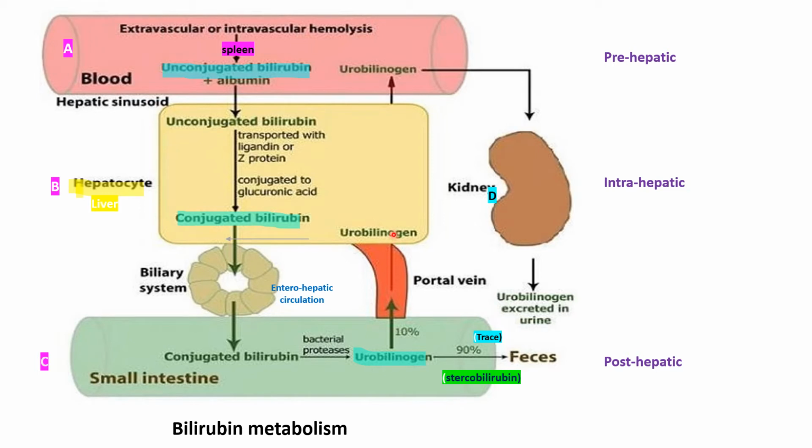Small amounts of this urobilinogen diffuse into the circulation, then are carried to the kidney, which excretes it as urobilinogen in the urine. These are the three phases, also called the prehepatic, intrahepatic, and posthepatic phases of bilirubin metabolism.